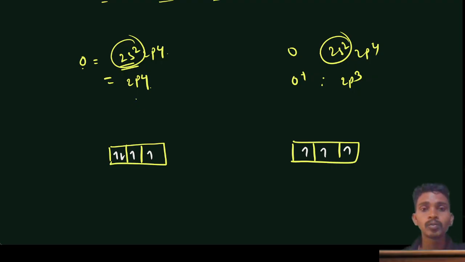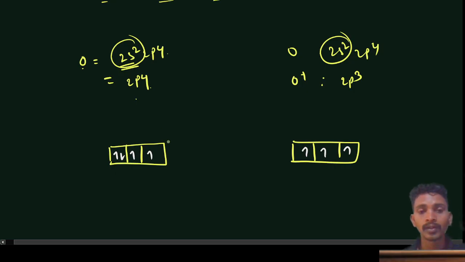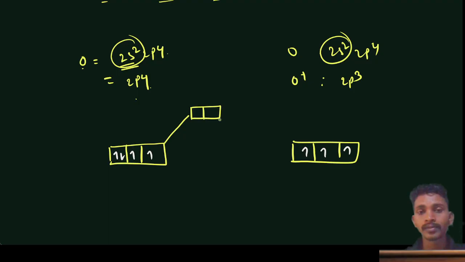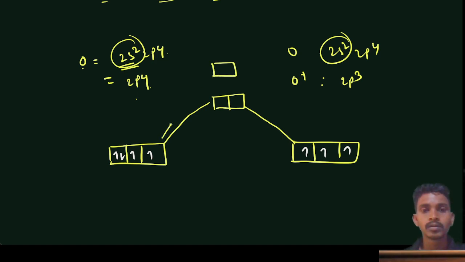First we will build the antibonding orbitals. The antibonding orbitals, pi star, will come, then this value will come.